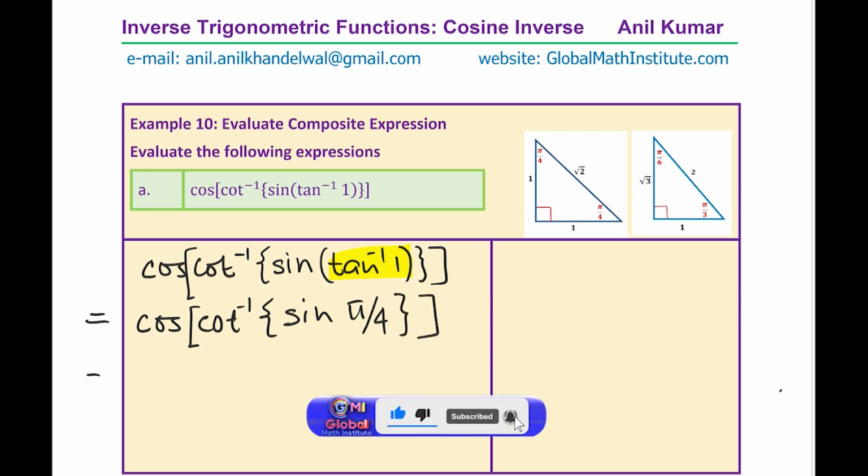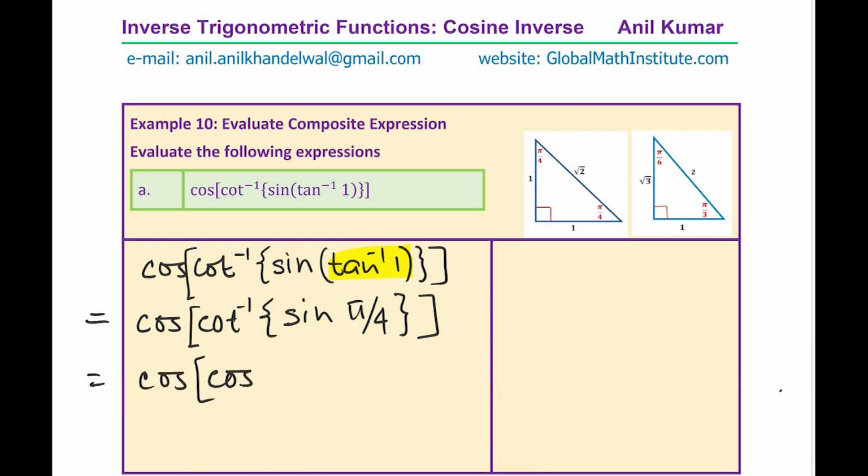Now what is sine pi by 4? 1 by square root 2, right? So sine pi by 4 is 1 by square root 2. This is cot, so cot inverse of this. Let's look into this triangle now: cot inverse of 1 over square root 2.